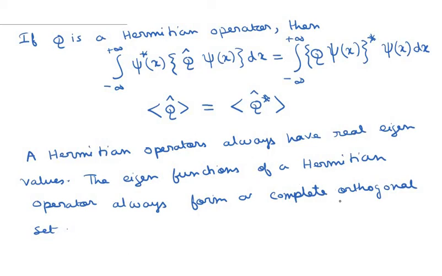what does it mean when we say a complete orthogonal set? I will just explain to you in a very simple language so that it's not difficult to understand. Instead of going to a very mathematical language or bookish language, I will try to explain in very simple terms.